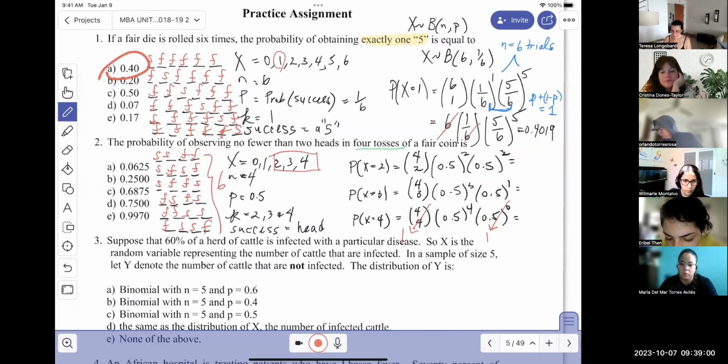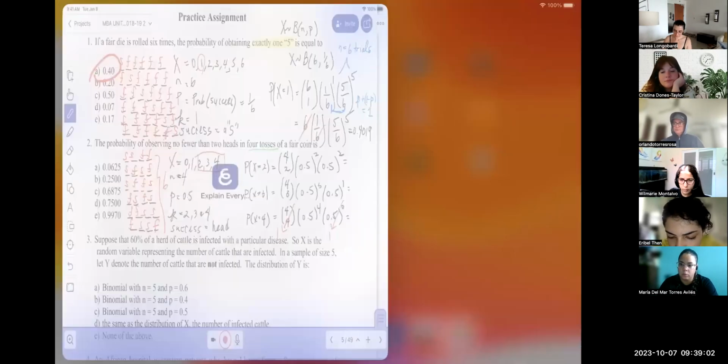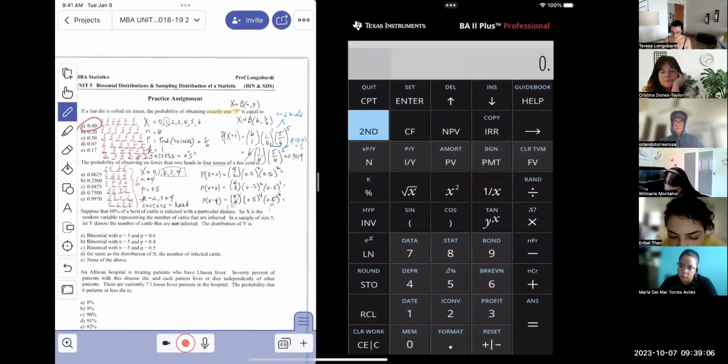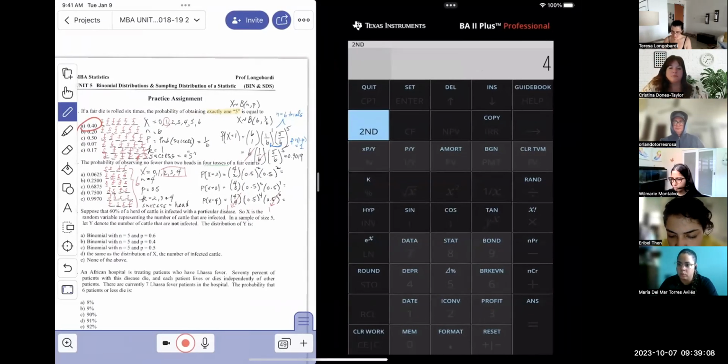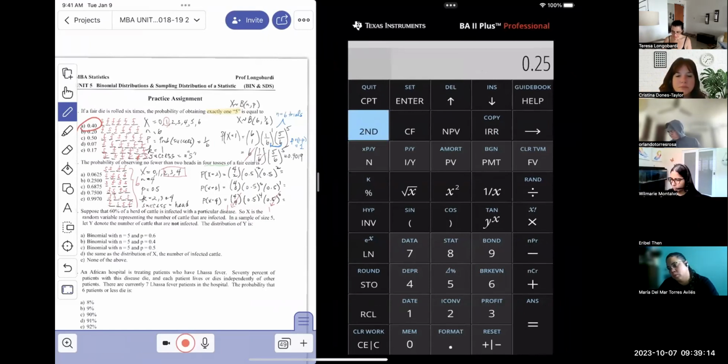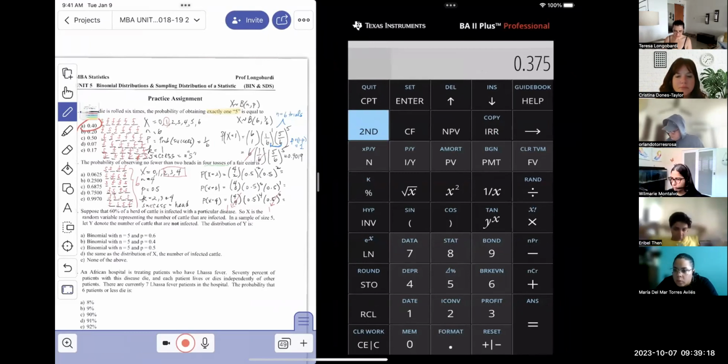So the first one would be 4 second function NCR 2 times 0.5 squared times 0.5 squared. Now you should be familiar with these because we calculated these already. So these numbers should seem familiar.